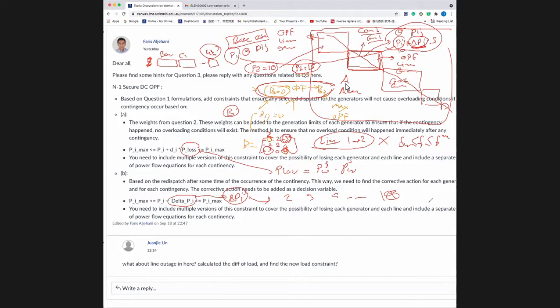Also, can I ask another question? In question 3, what we want to get for the solution, is it the solution PG or the action that we want to do? PG. You would say that these PG are secure. That means if any of these scenarios happen, it will be within limits, so there is no overloading.